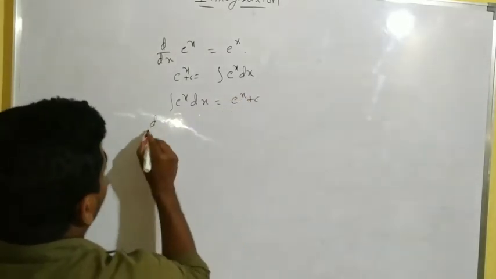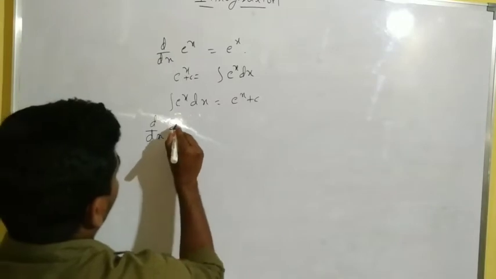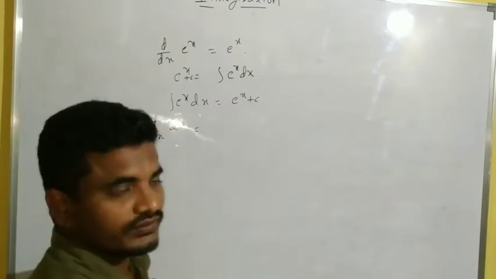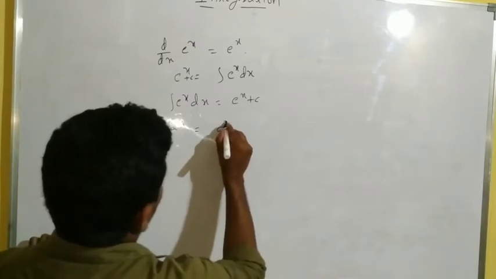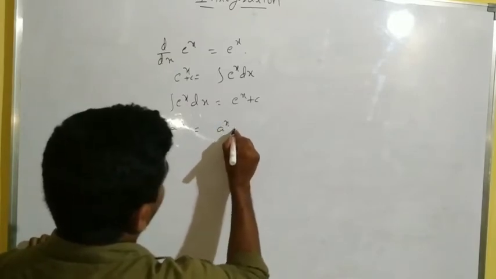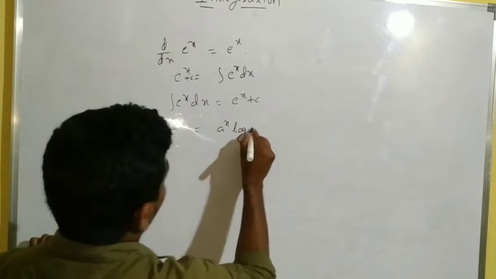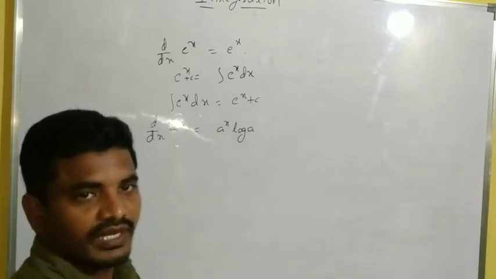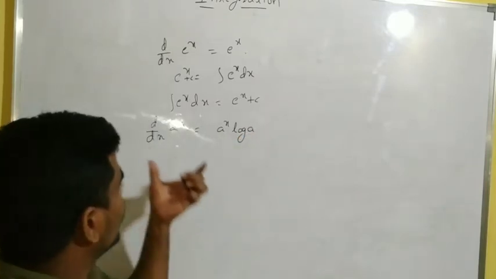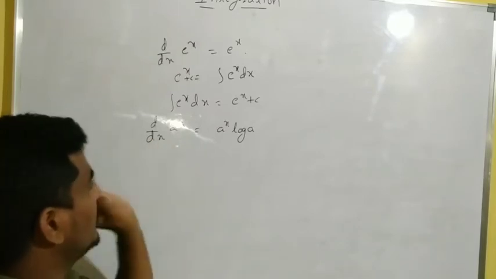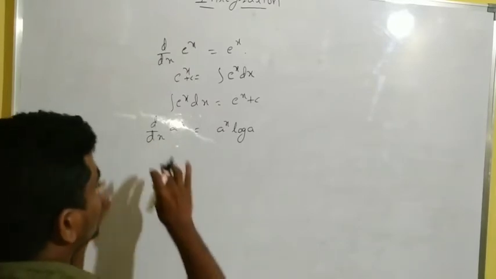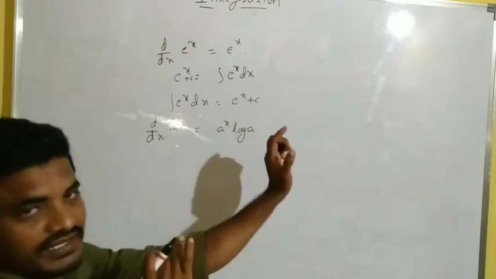Similarly, d by dx of a power x equals a power x into log a. For this, what is the integration of a power x? I send d by dx to the right side.